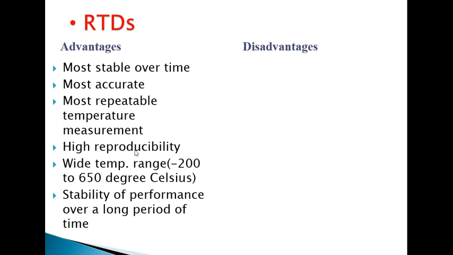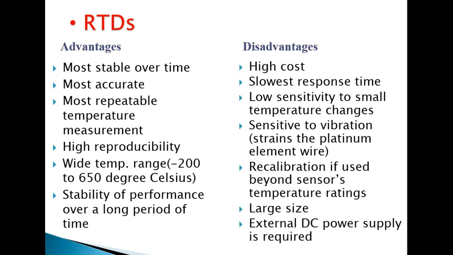Reproducibility is also very good. Actually these two terms are similar, reproducibility and repeatability. Then there is a wide temperature range. It can be used from -200 to +650 degrees Celsius, and its stability is also very good.